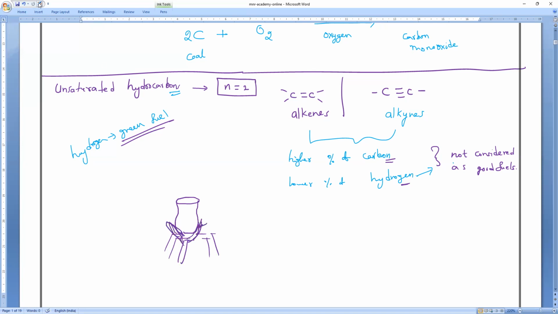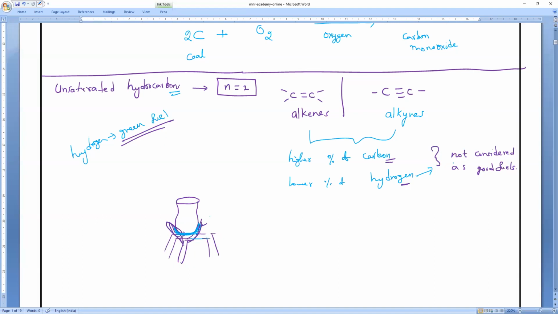Have you noticed it, everybody? Yes or no? While cooking, you can notice it. That is what we call unburnt carbon, the soot. Only unsaturated hydrocarbons produce it.